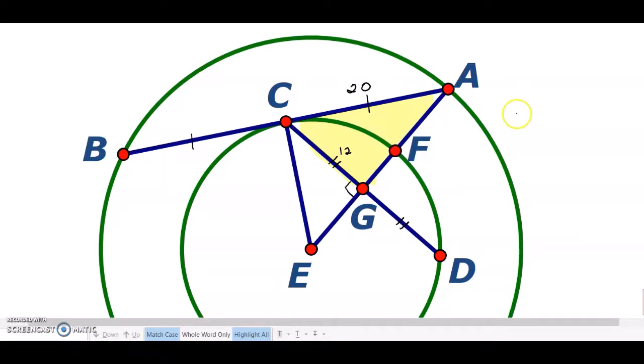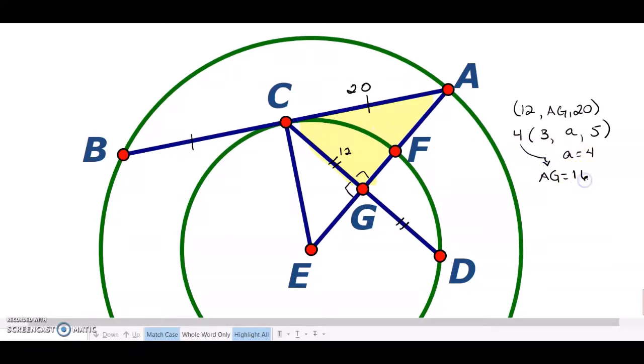If I know that CG is 12, AG is unknown, and the hypotenuse, in this case, would be 20, AC, I can use the reduced triangle principle, factor out the 4, and I can see that it's a 3, 4, 5, so that's a 4, which means that AG has to be 4 times 4 because of the scalar. AG is 16.